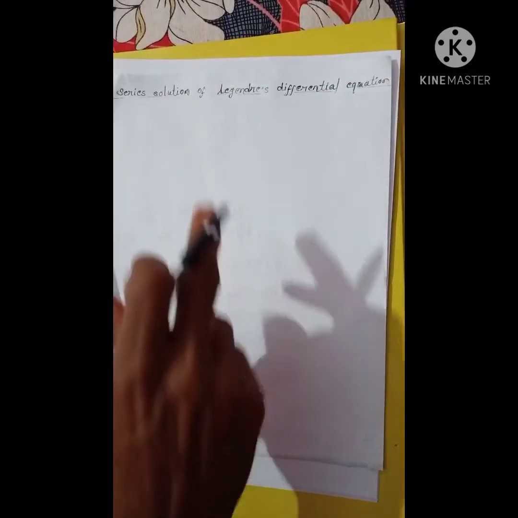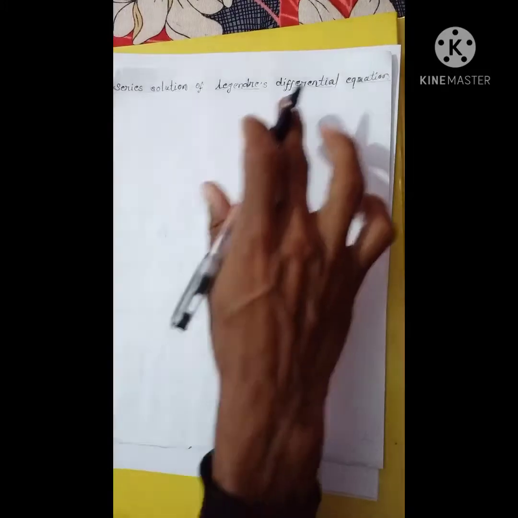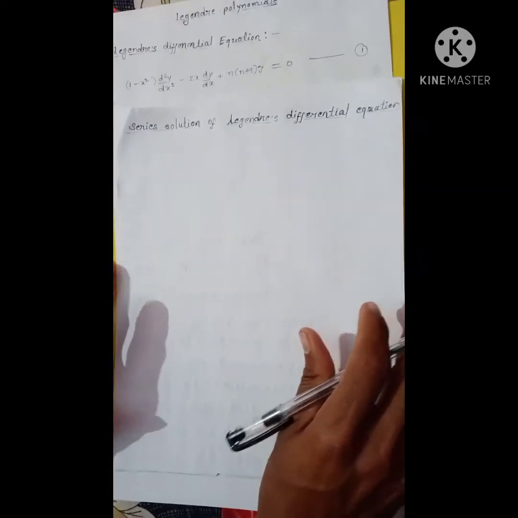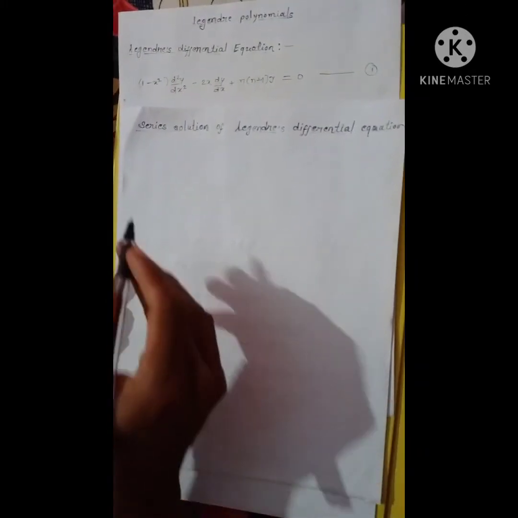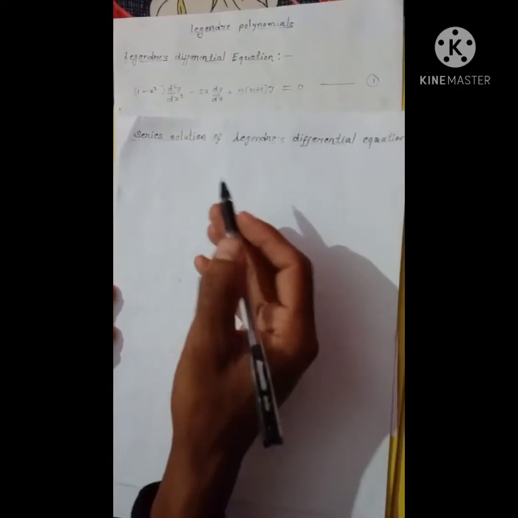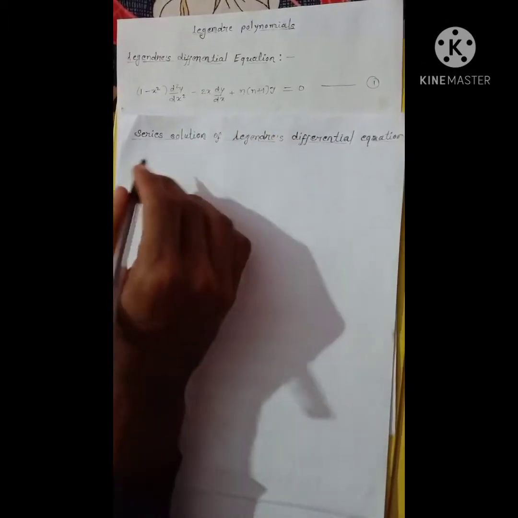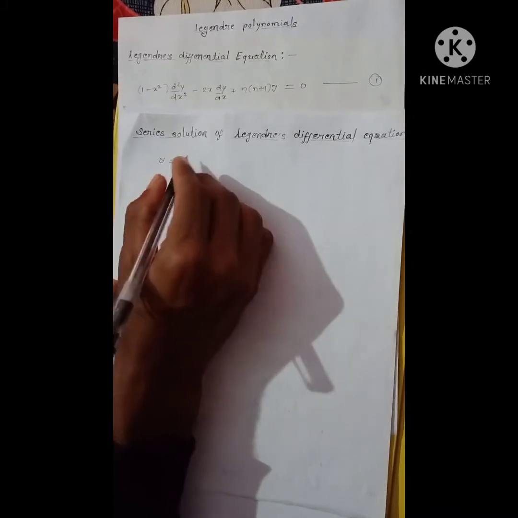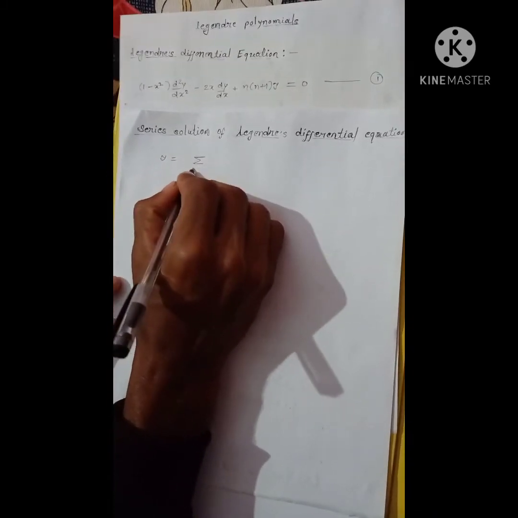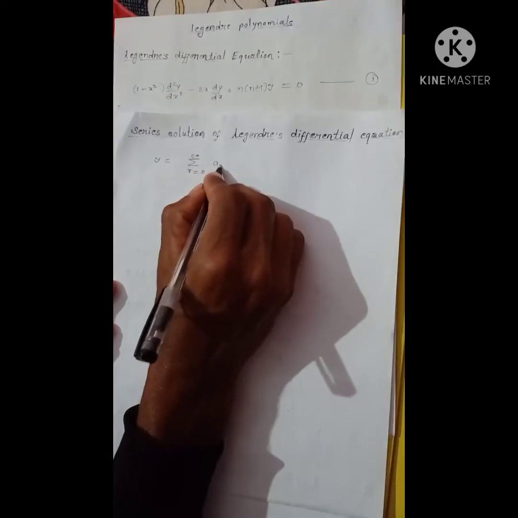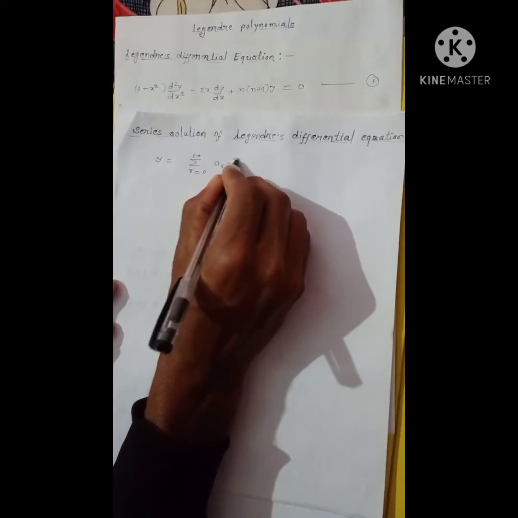Now we will discuss the series solution of the Legendre differential equation. Let the series solution of equation number first about x is equal to 0 be y is equal to summation r equal to 0 to infinity a r into x to the power r.